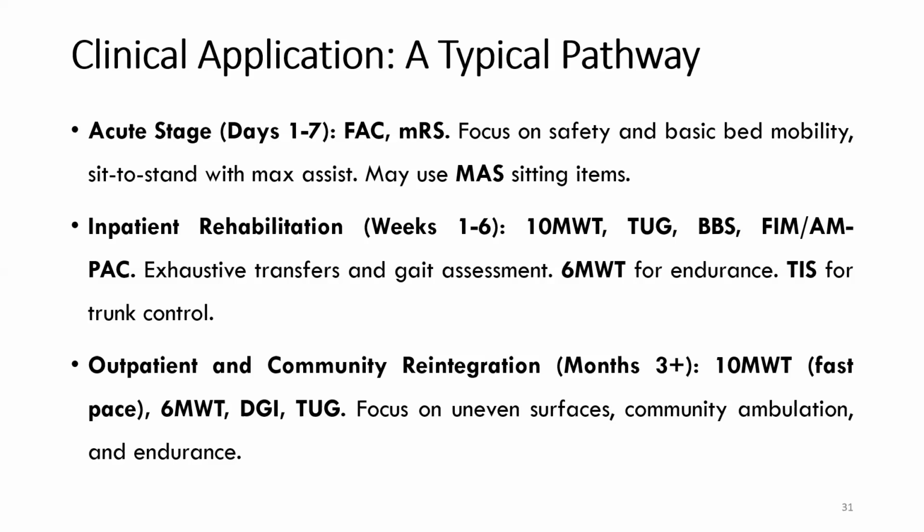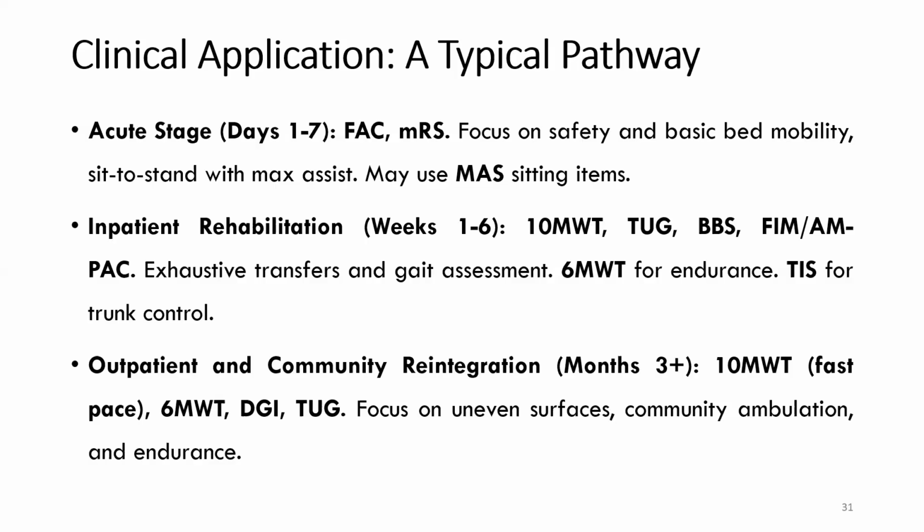So normally in the acute stage, you can use the Functional Ambulation Category. You can use the Modified Rankin Scale. Your focus in this one is safety and basic bed mobility, because the patient is in the acute stage.